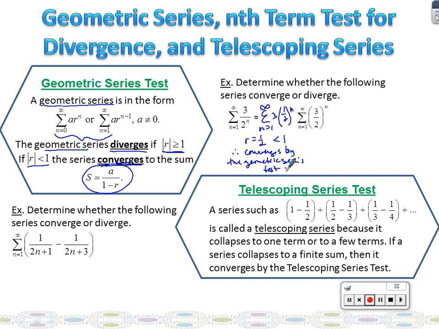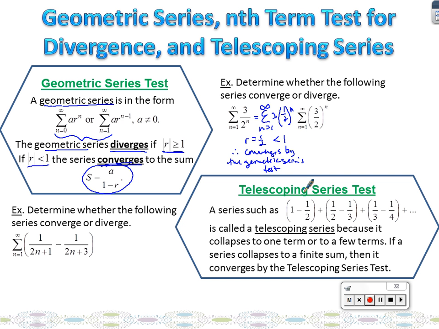We're going to have 10 tests under our belt, and we have to write which one we use. We have to say how we know it converges or diverges. So this converges by the geometric series test. No acronyms, okay? Just take the extra few seconds and write the words. It'll be fine.